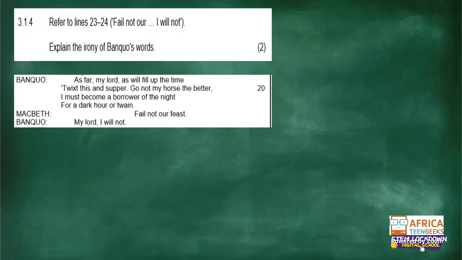I'm just explaining this for some of you who have never read the play, okay? But that is not the point today. That is not the focus. The focus is the word irony. Remember, irony is one of the figures of speech, and it belongs under the classification of contradictions, okay? So here they say explain the irony of Banquo's words, okay?